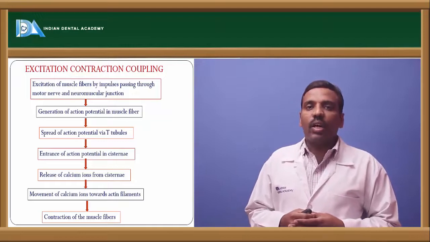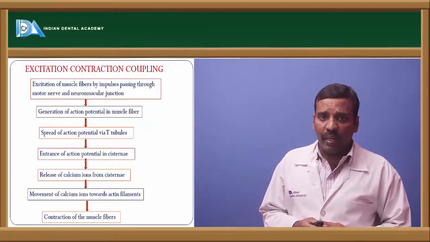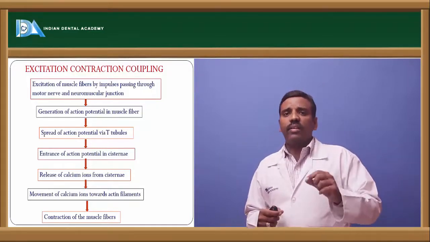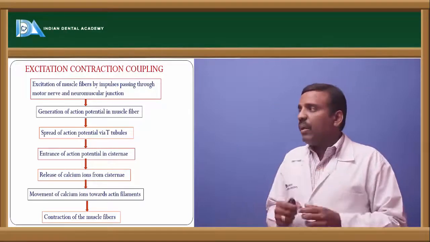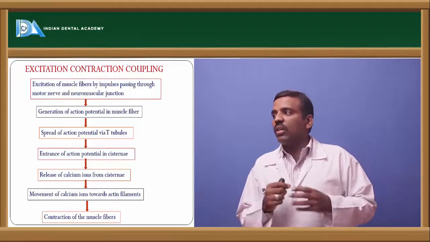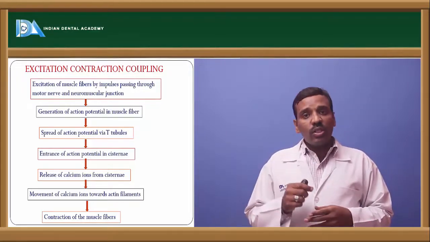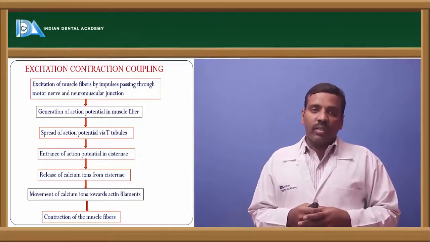Excitation, contraction, coupling. If you see the events in this coupling, the first one is, when we apply the stimulus, there is excitation of the muscle fiber by the impulses passing through the motor nerve by the neuromuscular junction. The junction between the nerve and the muscle is called the neuromuscular junction.